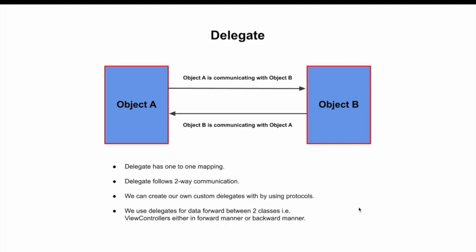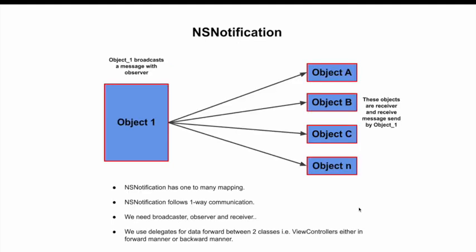Let's go to NSNotification. In this picture, we have an object, let's say object 1, and that object is broadcasting a particular message with an observer to the other objects, A, B, C, and N. N number of objects means we don't know how many objects there are, but it is broadcasting a message with the observer, and the other objects are receivers.